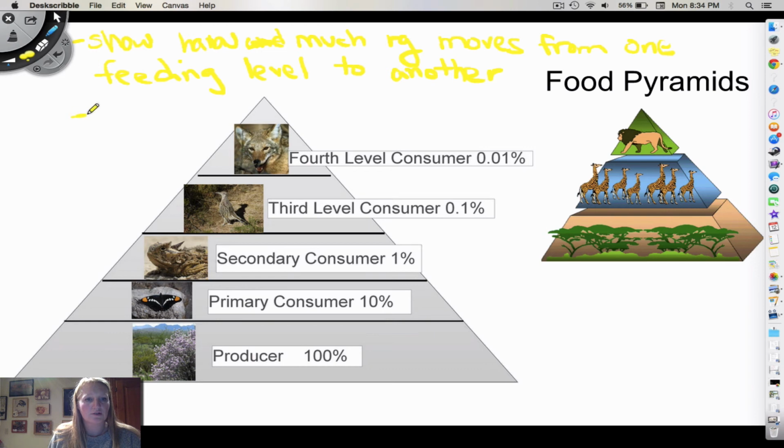And what's crucial to understand is that only 10%, and I would really say only, I should have written only first, only 10% is transferred from one level to the next.